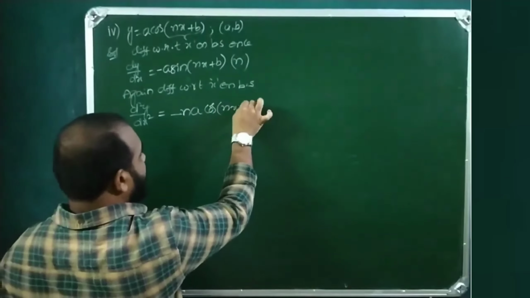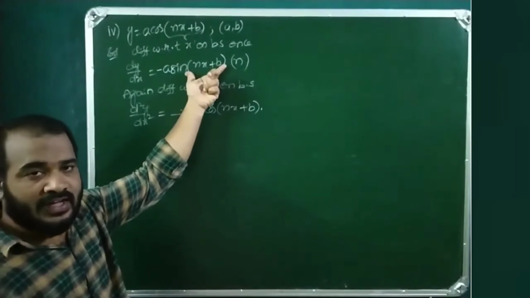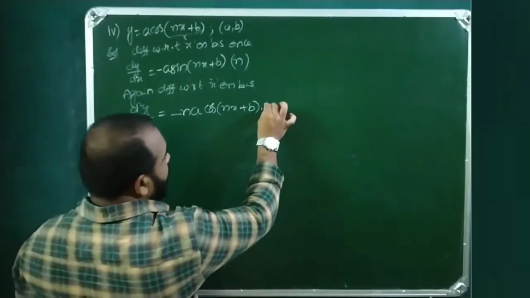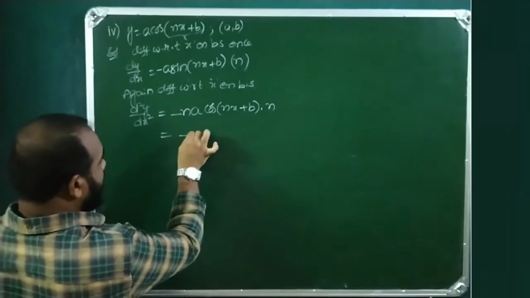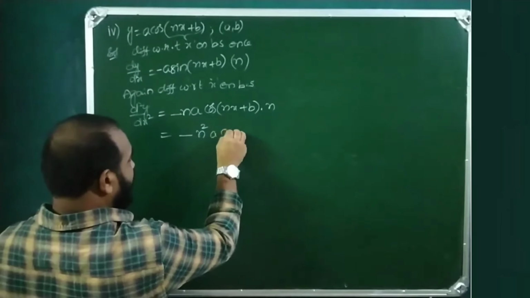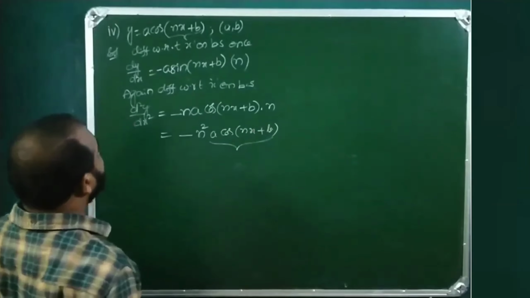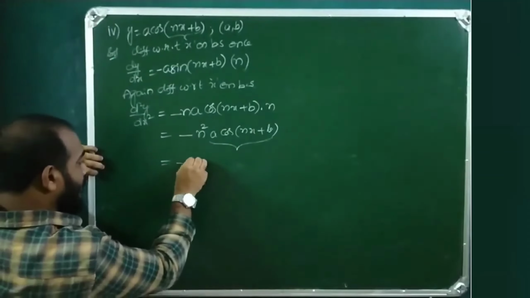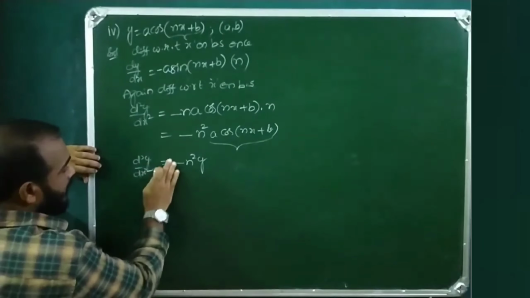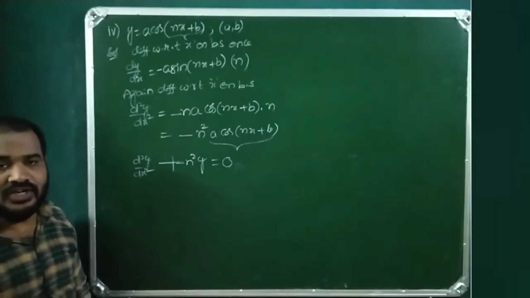Cos nx plus b into, since we have treated this to be x for the time being, we have to differentiate it later, into d by dx of nx plus b, which is n. Now this is equal to minus n into n, that is n square, into a cos nx plus b. Now if you see, this whole is y, therefore minus n square y. Therefore d square y by dx square plus n square y is equal to 0 is the required differential equation.